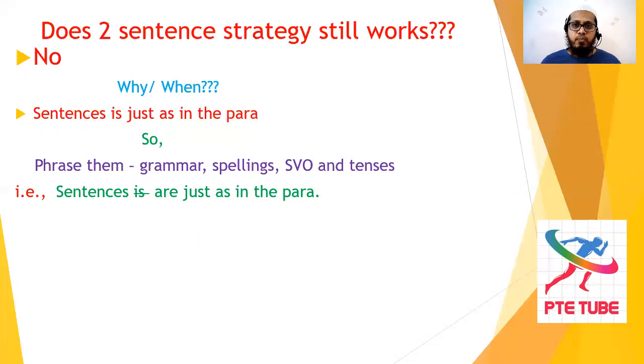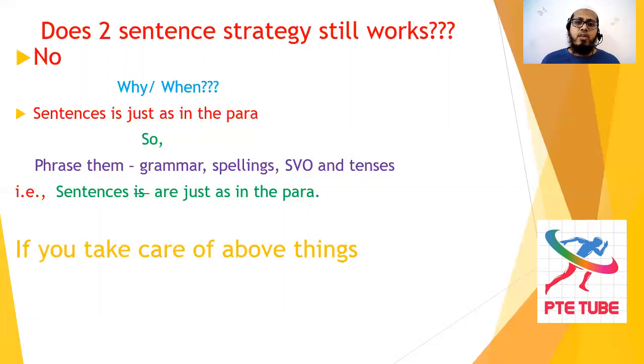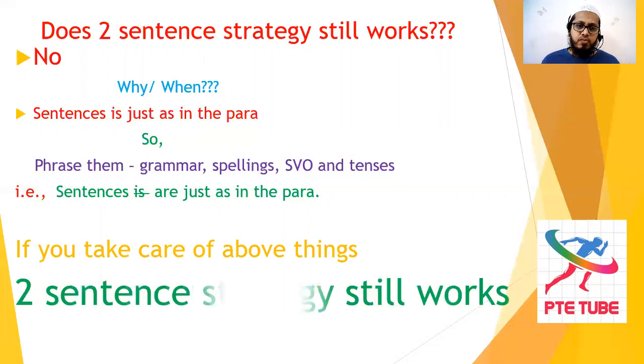When will that work? When two sentences are selected and some correction has been done with regard to grammar, spelling, subject-verb agreement, and tenses, only then does the two sentence strategy work, and that will fetch you marks on the day of examination. If you take care of the above things, this strategy still holds good and still works.